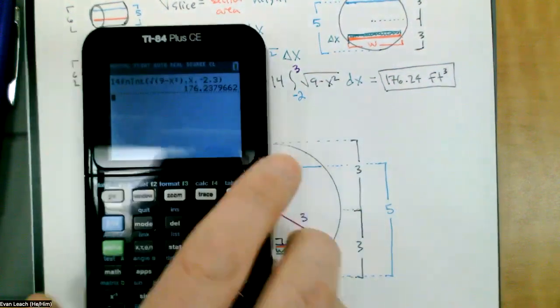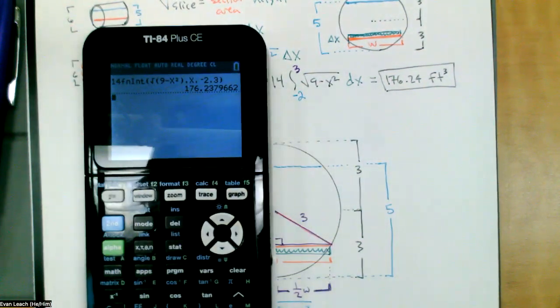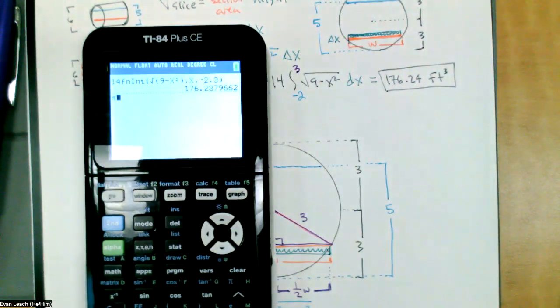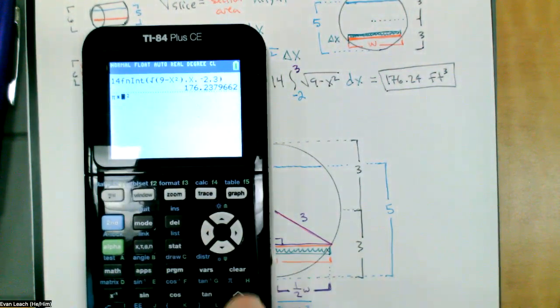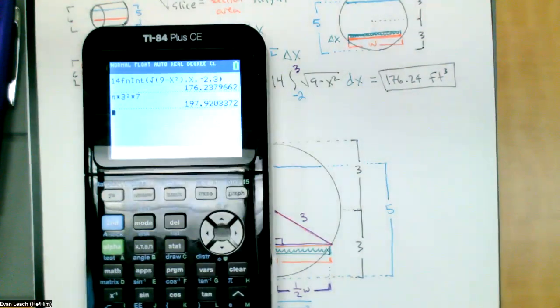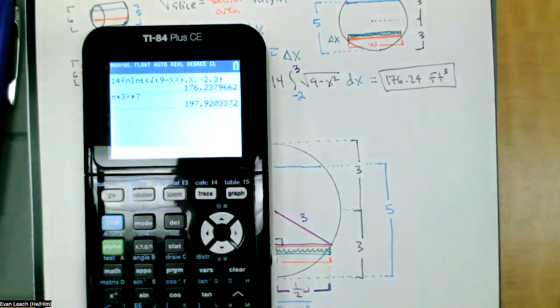The entire volume of the tank is going to be pi times the radius squared times the height, 7. That's the whole volume. We should get this same value if we integrate not from -2 to 3, but -3 to 3. That would be the top of the tank to the bottom of the tank.